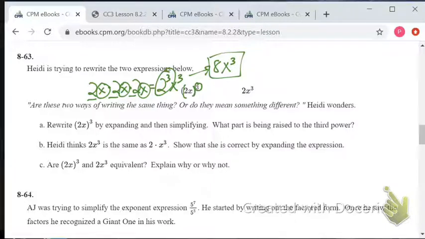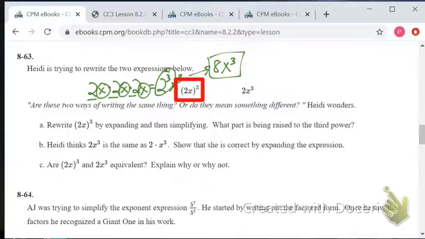Now we look at this example. That example, the 2 has its own exponent. If you recall, that 2 isn't in parentheses like the one on the left was. The one on the left, right here, is in a set of parentheses.